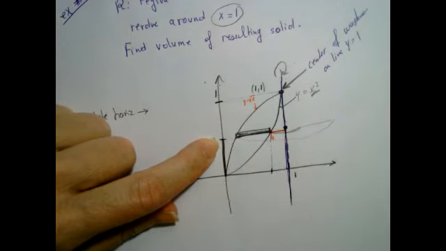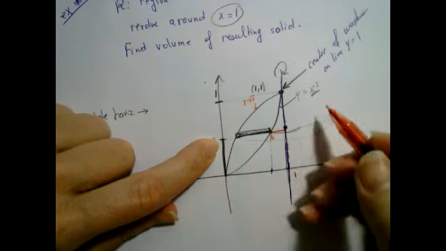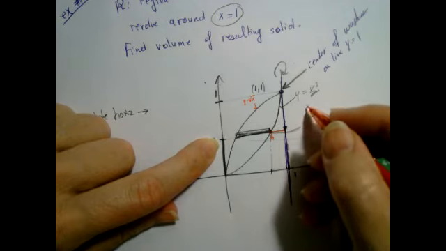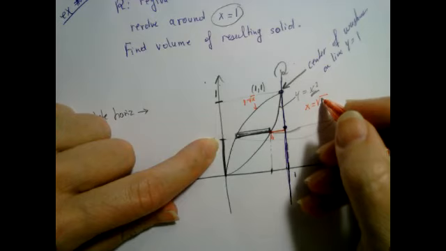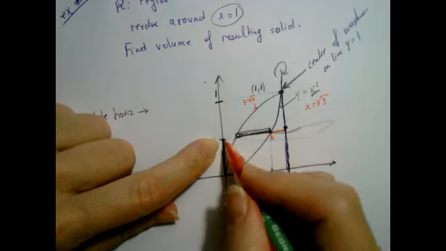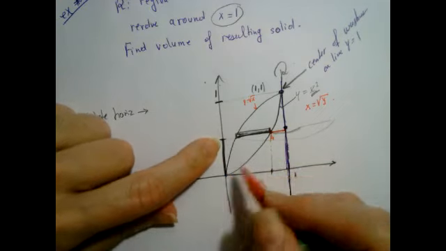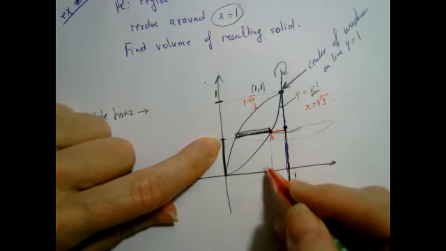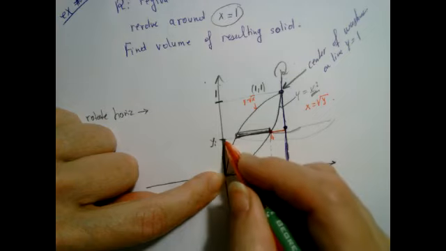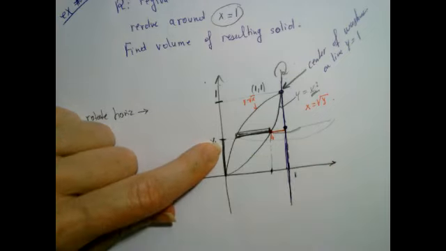So what I have to do first, I have to express every curve, I have to express x in terms of y. So y equal x squared will give me x equal the square root of y, because I'm looking for this horizontal distance. So if this is yi, I need the x that corresponds to the yi.